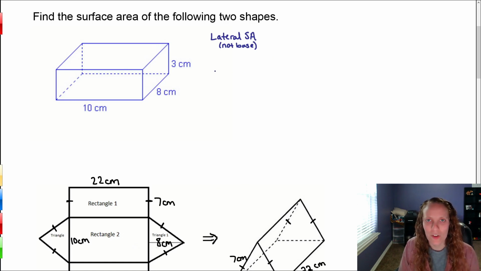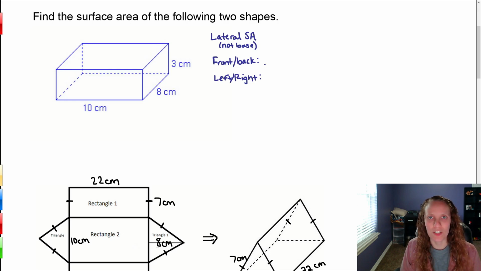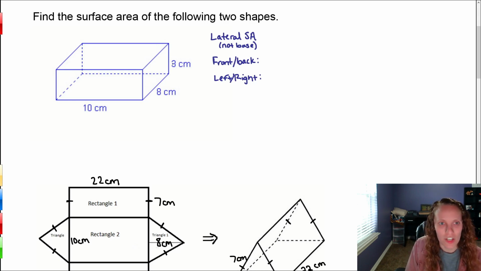We only want to know the sides that go around the edge, and I like to call those the front and the back, and the left and the right. The front and the back are going to be identical in size, and the left and the right are also going to be identical in size because they're across from each other.